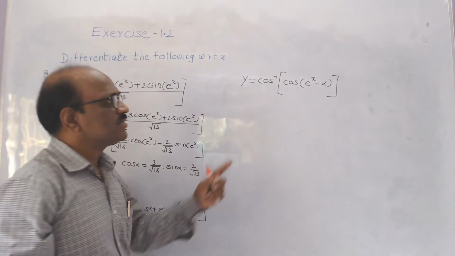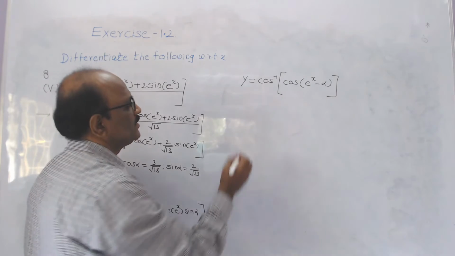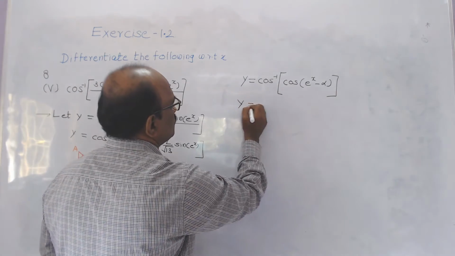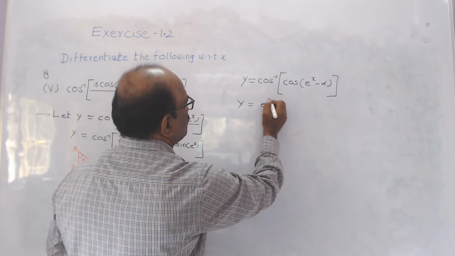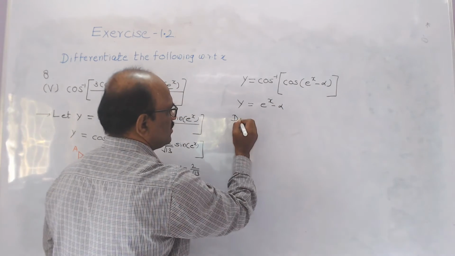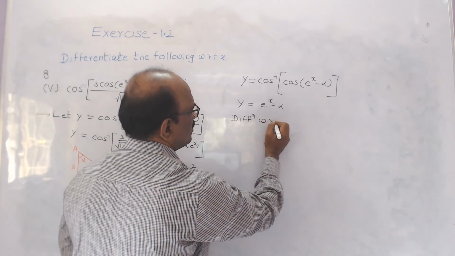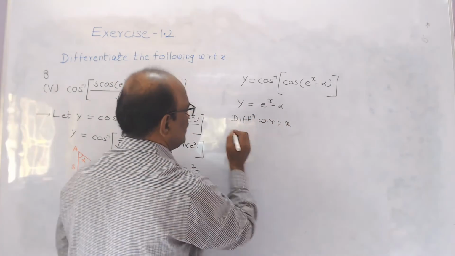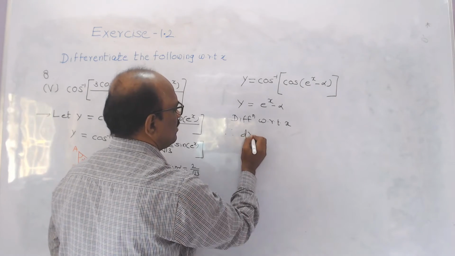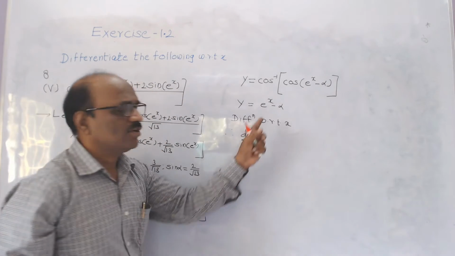Now cos inverse of e raised to x minus alpha, and this is y is equals to e raised to x minus alpha. Now differentiate this with respect to x. Therefore, dy by dx is equals to, what is the derivative of e raised to x?